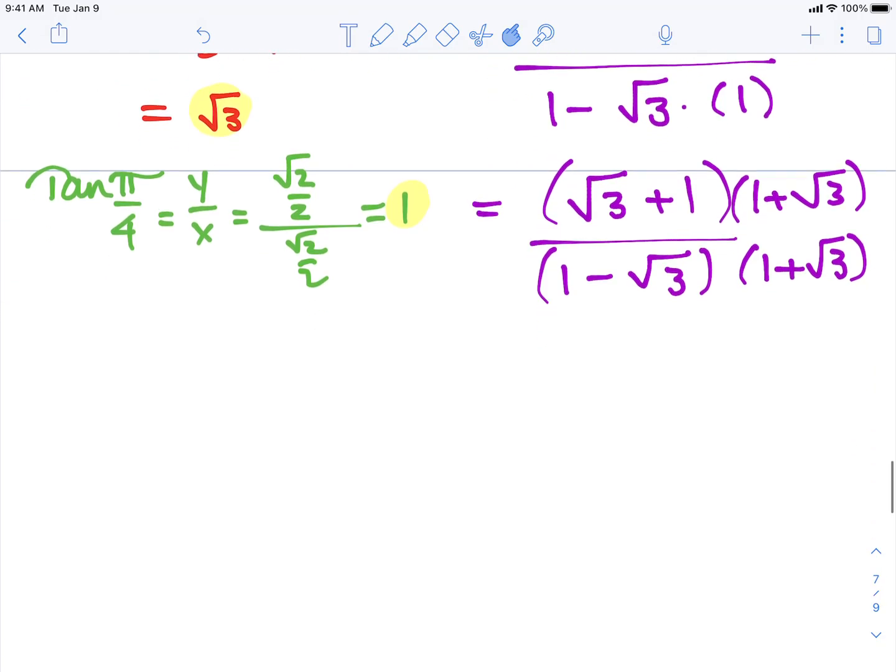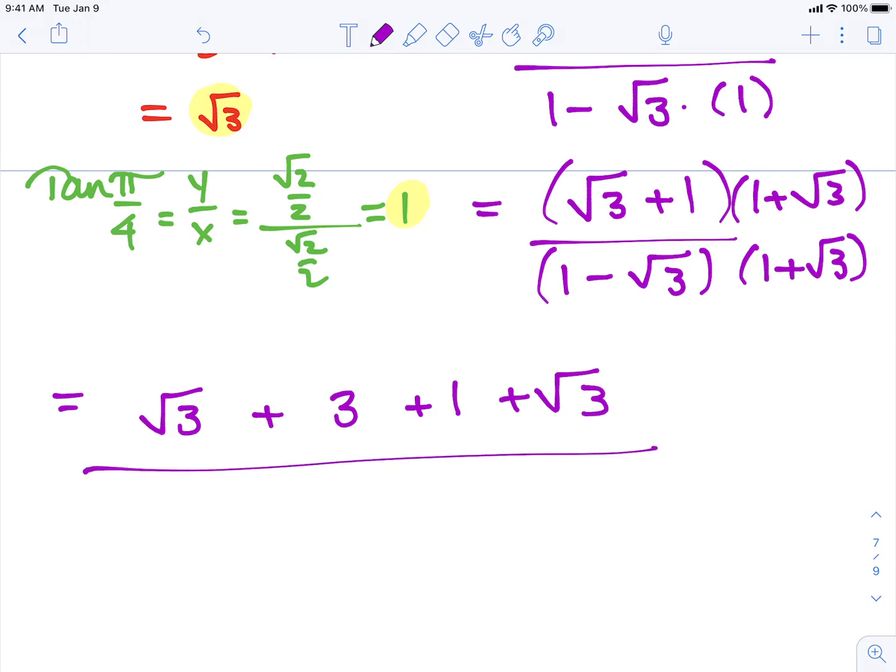All right, so here's where we're at. We want to FOIL the numerator. So we're going to get the square root of 3. So that's first. Outside, square root of 3 times square root of 3 is 3. Inside, 1 times 1 is 1. Last, 1 times the square root of 3 is the square root of 3. Denominator.